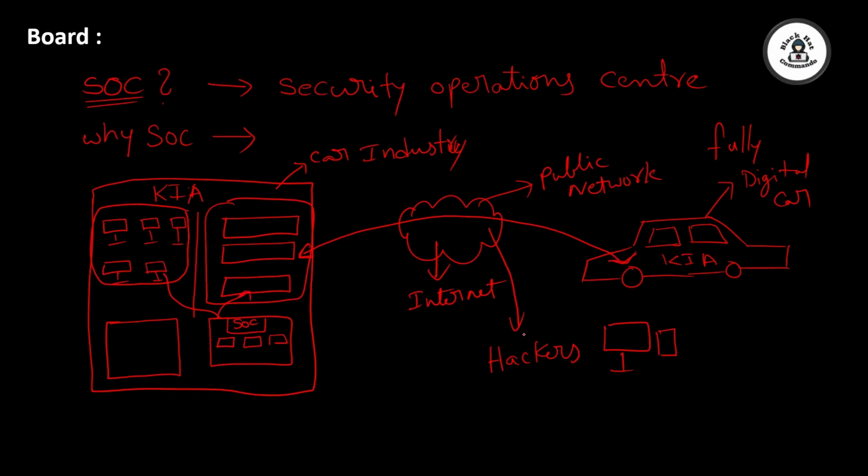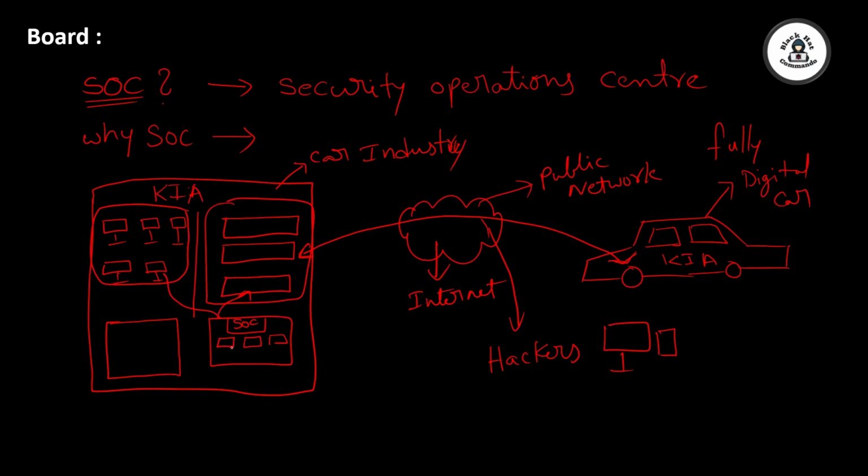So when the hacker tried to fetch the details from the car before, when there was no SOC, he could easily grab the details, because there was no SOC to monitor what traffic was going and what traffic was coming inside the servers.